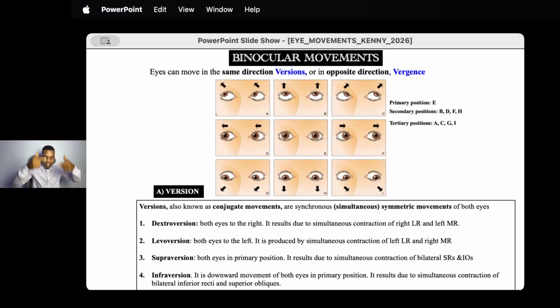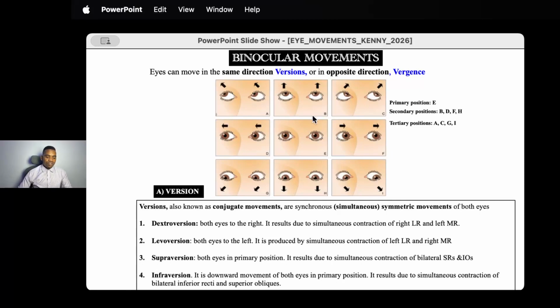Supraversion, up. Infraversion, down. But we can also have combined movements, like this is called upper dextroversion. Like you see, it is to the right side but above. So upper dextroversion, upper levoversion, lower dextroversion, lower levoversion.